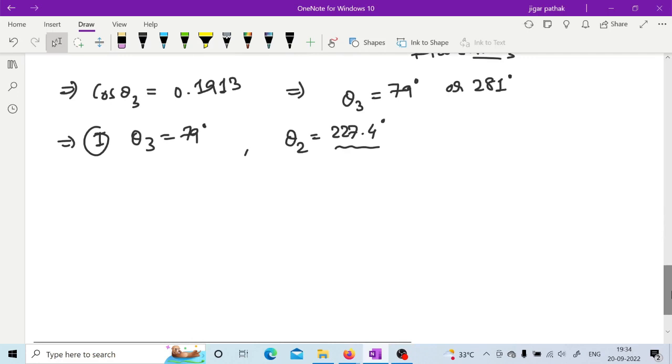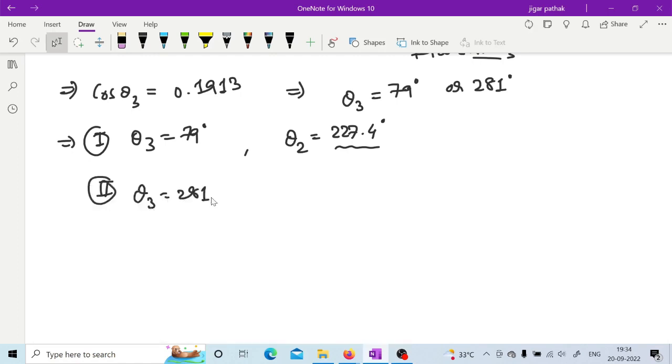That is why this theta 2 is taken in the third quadrant. Similarly, if you go for theta 3 equal to 281 degree, then you will find that theta 2 will be 132.6 degree. So this is how you will be able to calculate the balancing masses and the location at which these balancing masses are there. So this is how you can calculate this.